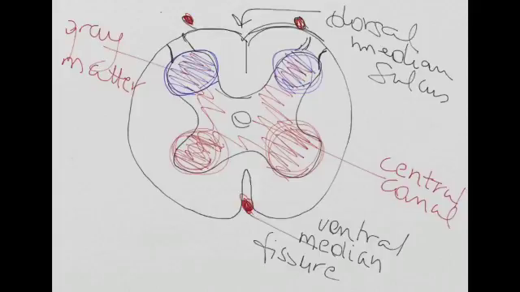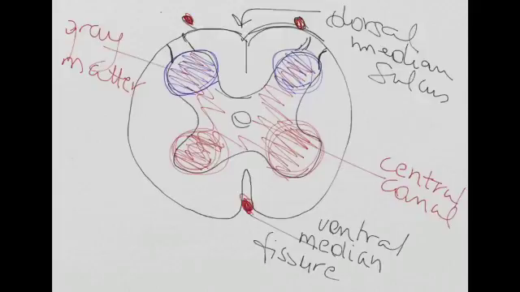The dorsal horns will contain the arriving fibers, the axons of the sensory nerves, as they arrive and bring the information to the central nervous system from the periphery, while the ventral horn will contain somatic motor nerve cell bodies.